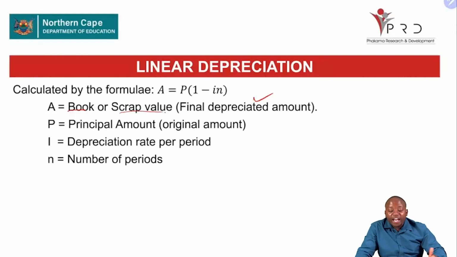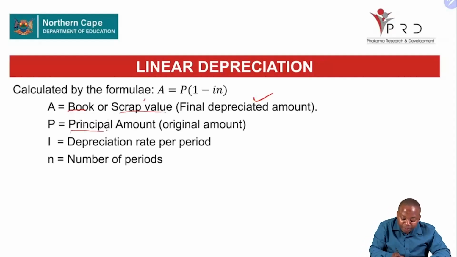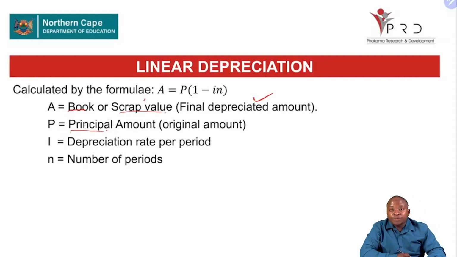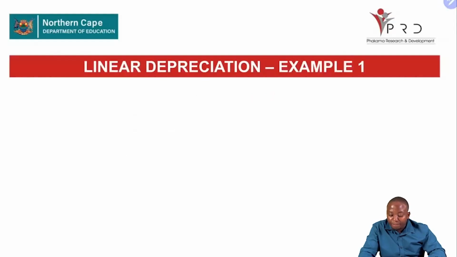Or at the end of its lifespan, according to the scrap value, how much does it worth? P is the principal amount. This is the amount you bought the asset for, or how much the asset was worth when you purchased it in the present. Our i is the depreciation rate per period, and our n is the number of periods.